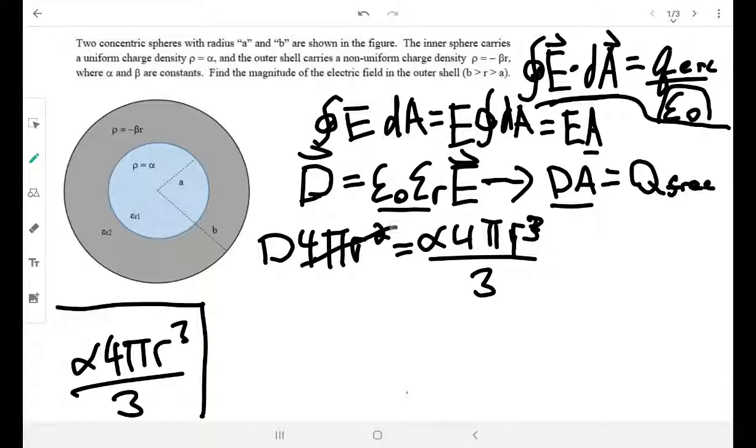And you can see our 4 pi r squared cancels out with this part, and we're just left with alpha times r over 3. And now we can rewrite our D as how it's defined here, which is epsilon naught epsilon r1 times our E field.